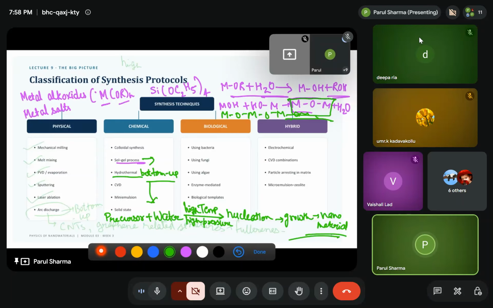So why do we need high pressure? If we heat the water in an open container, when we reach the boiling point, water will start converting into vapor, and the temperature cannot increase much at atmospheric pressure. But in hydrothermal synthesis, we carry out the reaction in a sealed autoclave. As the temperature increases, water vapor pressure will increase.